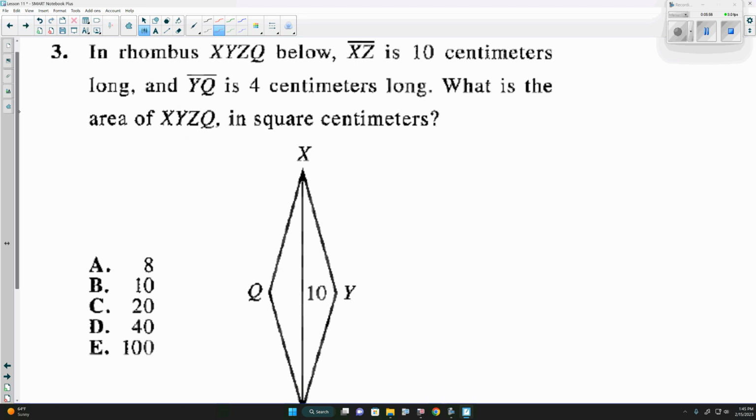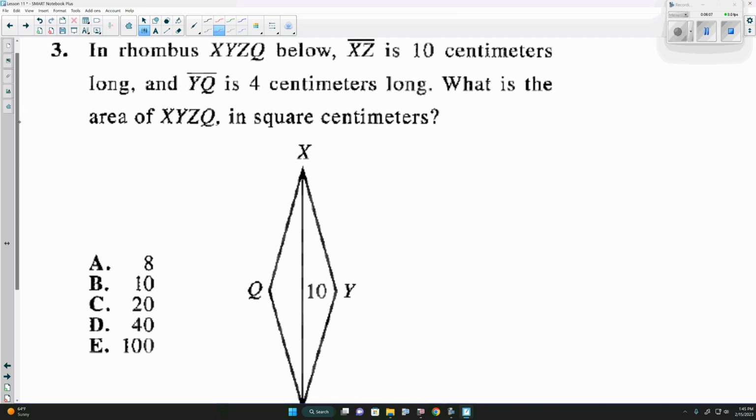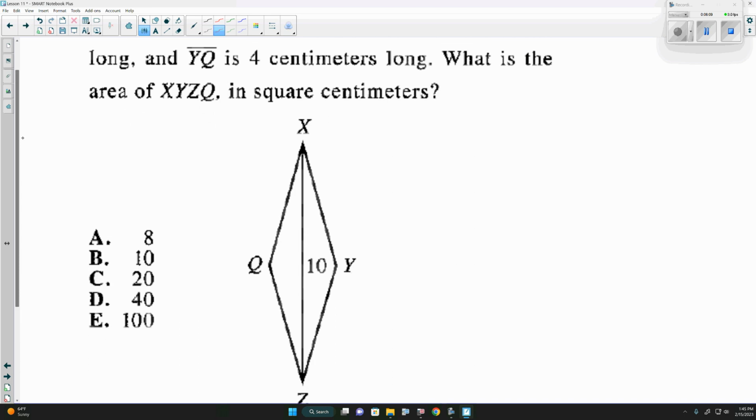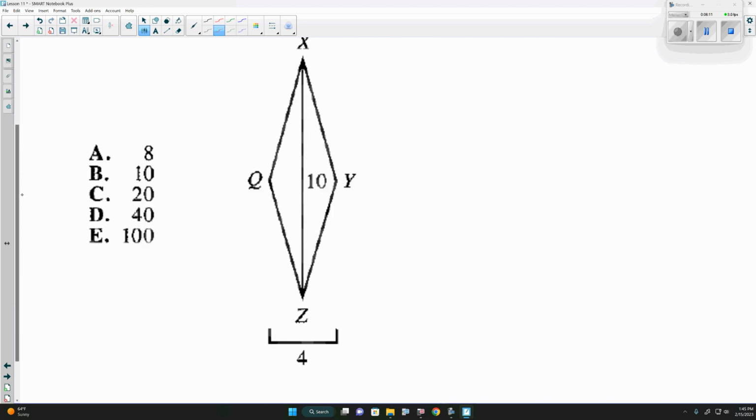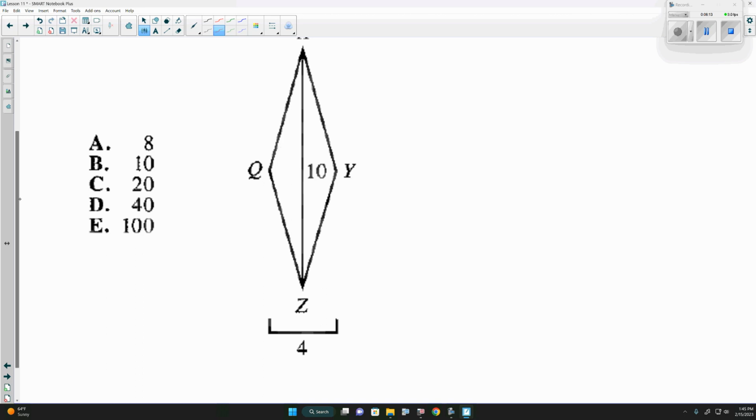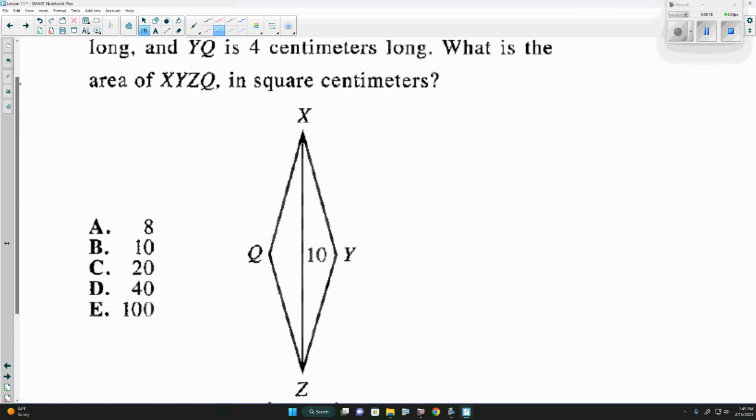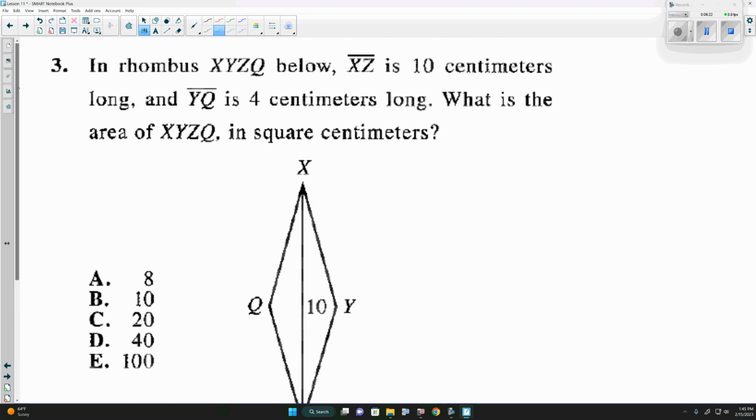In rhombus XYZQ below, XZ is 10 centimeters and YQ is 4 centimeters long. What is the area of this here in square centimeters? It is actually not a kite, it is a rhombus.